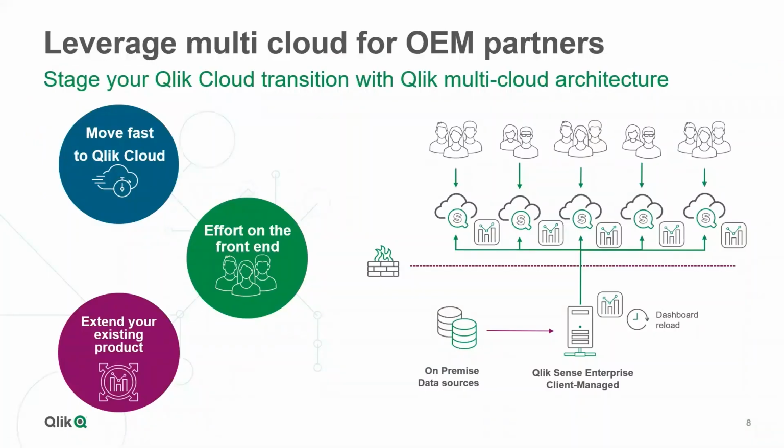In this webinar, we have seen what a Qlik multi-cloud architecture is, how fast the Qlik multi-cloud setup is, and how we can integrate or automate it. We also covered the gain and the business value of staging your Qlik Cloud transition with Qlik multi-cloud architecture.